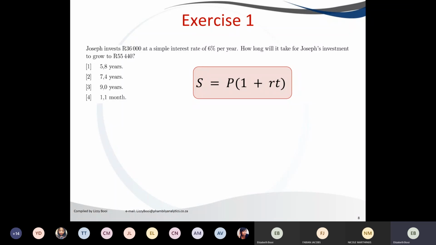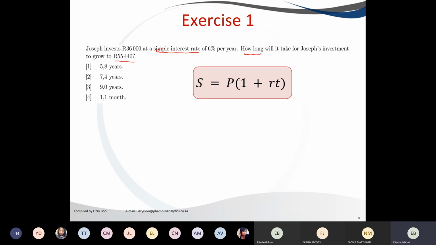The first exercise is asking you, John invests 36,000 at simple interest rate. There they are telling you at simple interest rate, then automatically you know that this is the formula you're going to be using. And they give you 6% per annum, or per year, how long will it take for his investment to grow to 55,000?